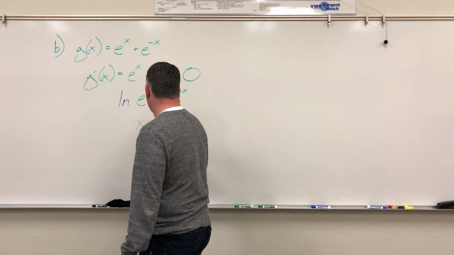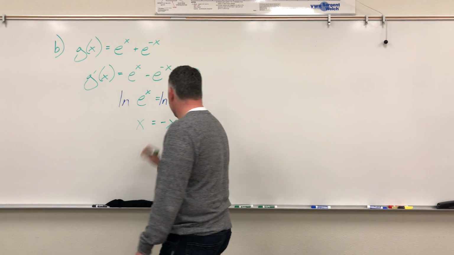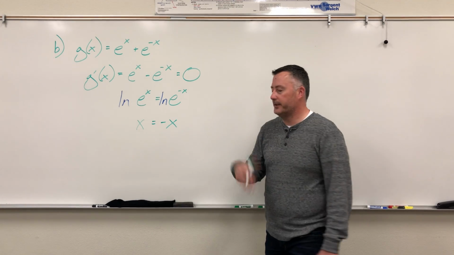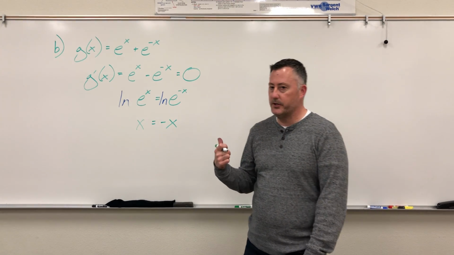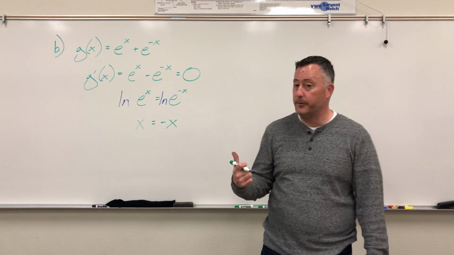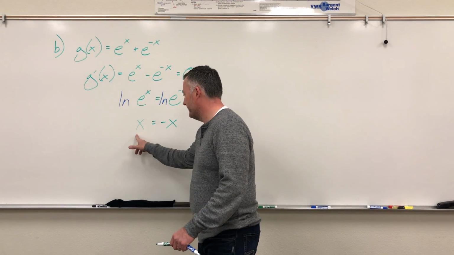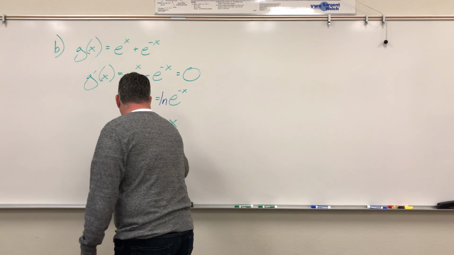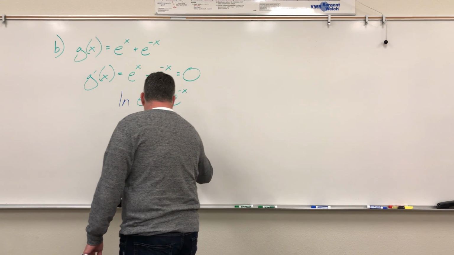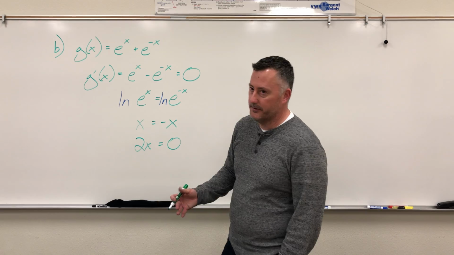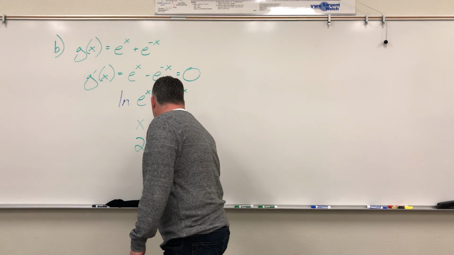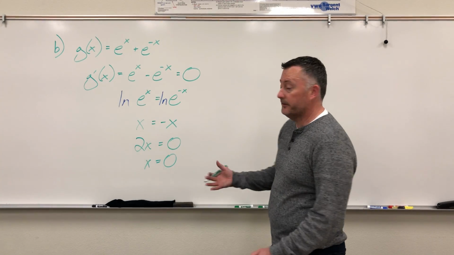So x equals negative x. And sometimes with calculus students, they see this equation and they freeze because they don't know what to do with it. So don't forget your algebra. We're going to add x over to the left. So you get 2x is equal to 0. So x is 0.